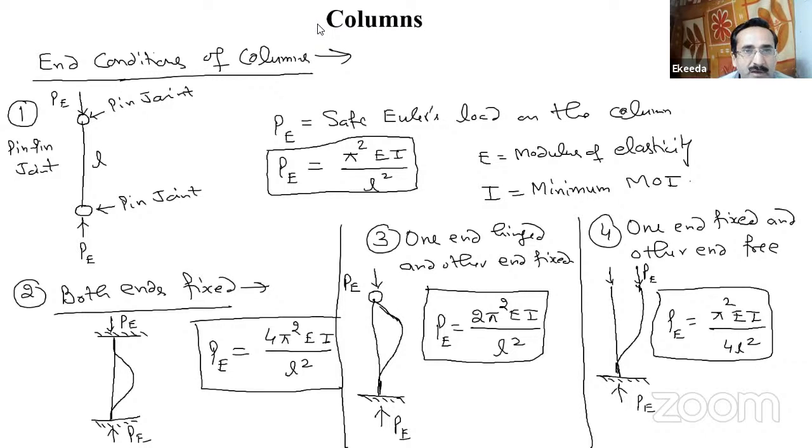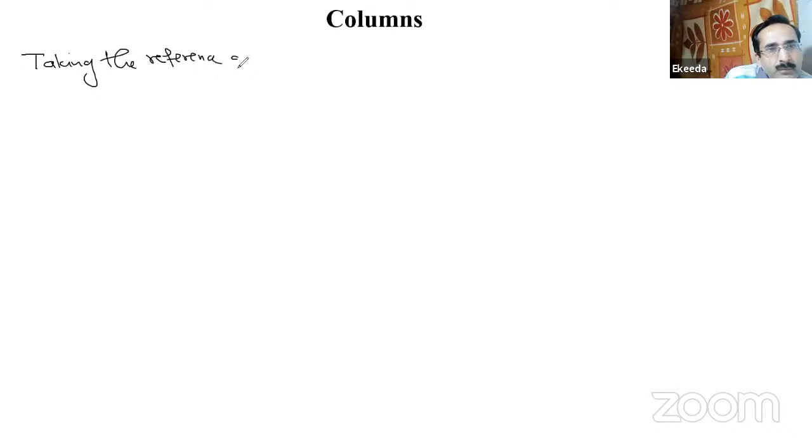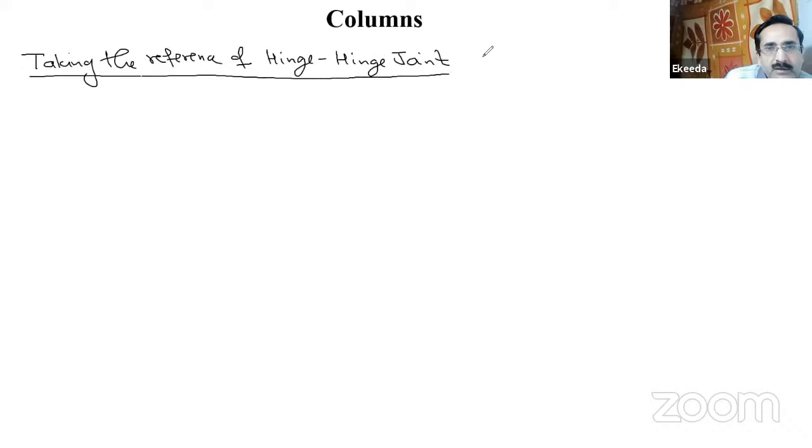So what is that equivalent length? Taking the reference of the hinge joint, the Euler's load is given by pi square EI upon L square.